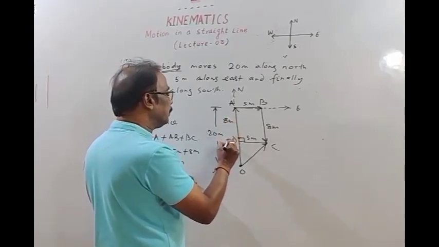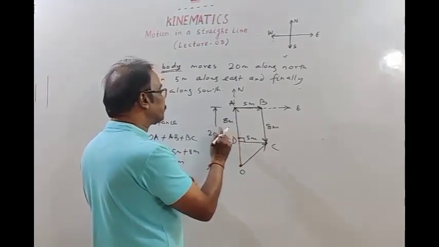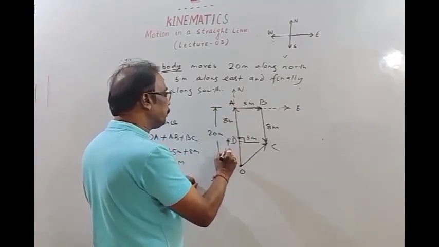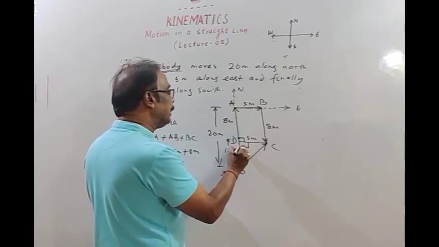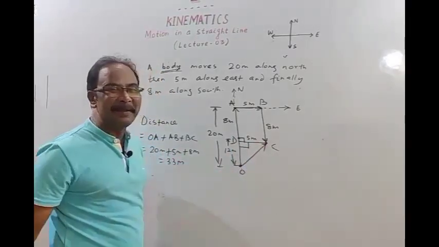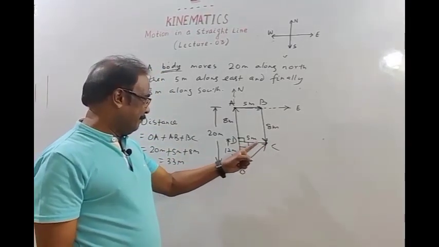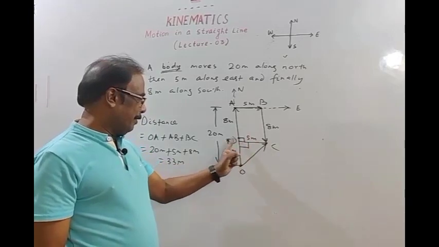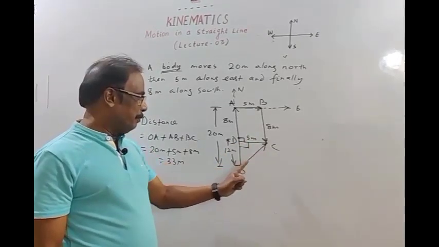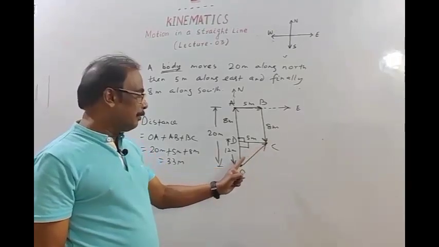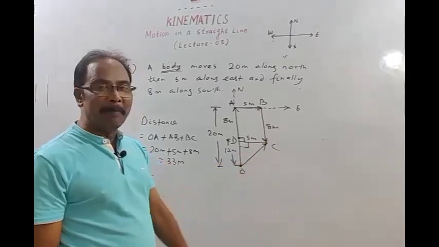Then the resulting distance from O to D is 20 meter minus 8 meter. This equals 12 meter. Okay. This angle is 90 degree. Then in the similar form, right angle triangle, 5 meter is perpendicular, 12 meter is base, and the magnitude of displacement means we have to measure the length of line OC, which is hypotenuse.